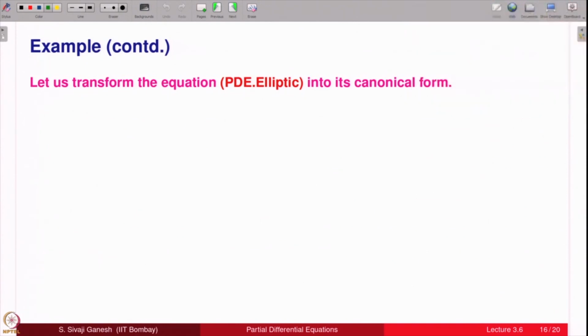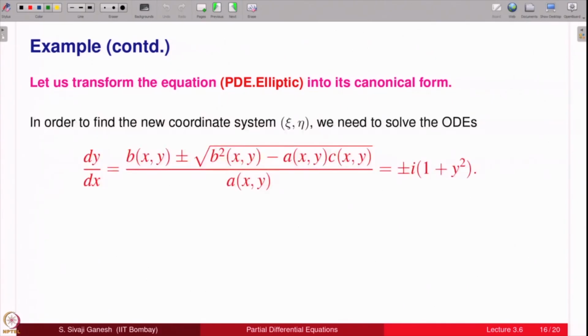So, let us now transform the given equation into its canonical form. We need to solve these ODEs, dy by dx equal to plus or minus I into 1 plus y square. We solve it with I times this, because minus I times does not matter; it will be the conjugate.